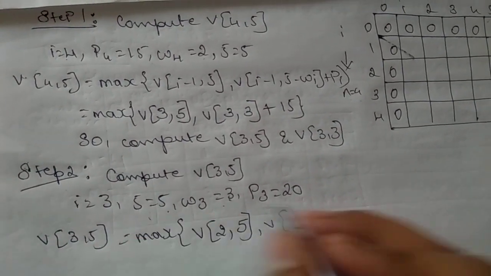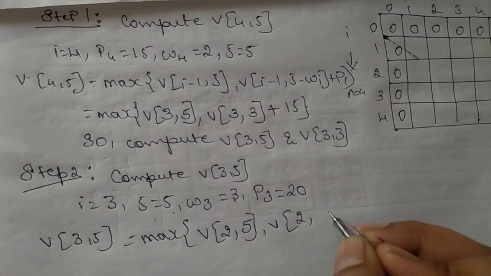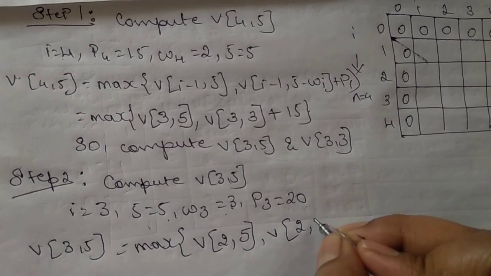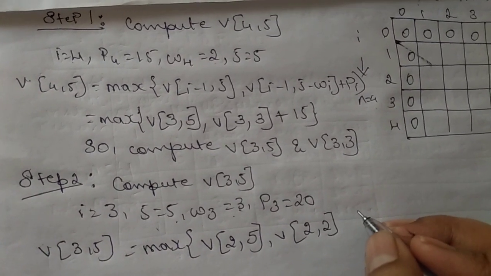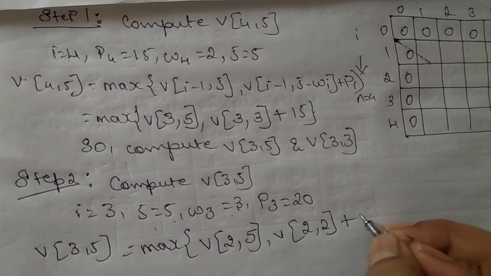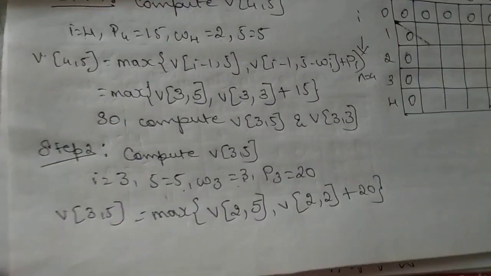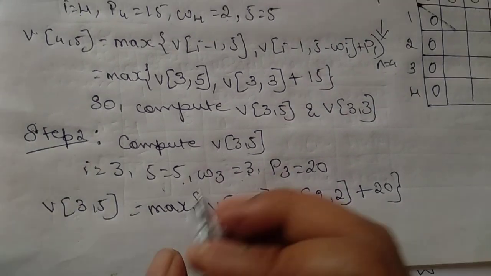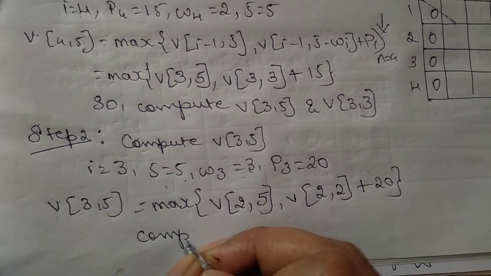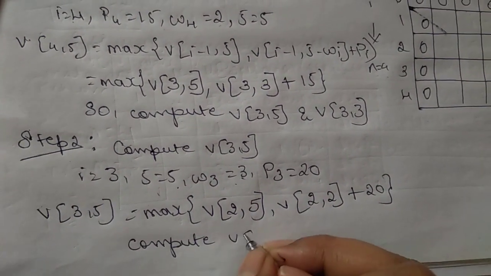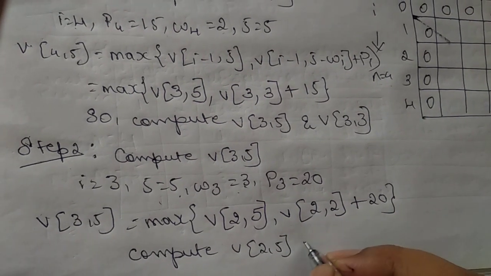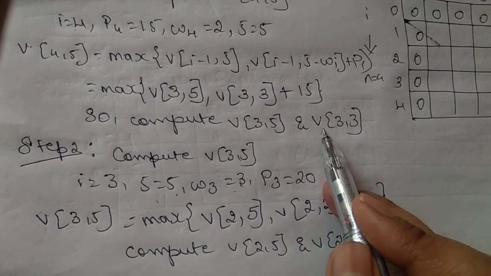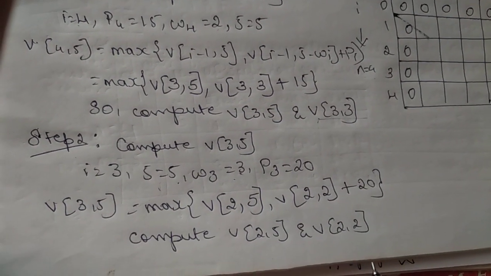V of I minus 1, that is 2, then J minus Wi, 5 minus 3 is again 2, V of 2, 2 plus profit 20. So here we don't know the value of V of 2, 5 and V of 2, 2 also. So what you have to do? Compute V of 2, 5 and V of 2, 2. First we'll compute V of 3, 3 and then we'll come for this one.